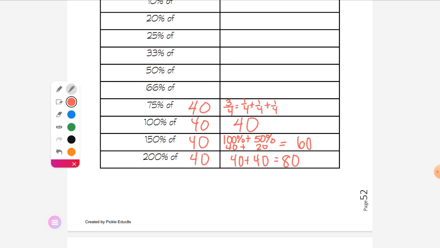Yes, I agree. What is 1/4 of 40? Ethan? 10. How'd you do that? 40 divided by 4. Okay, so I'm going to show that we're doing 40 divided by 4 is 10. So we have 10 plus 10 plus 10 is 30.